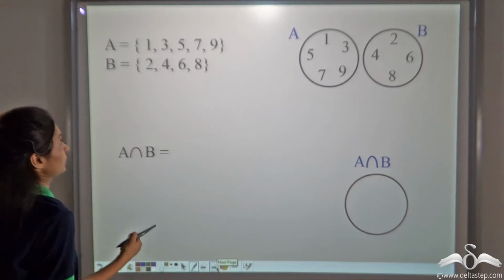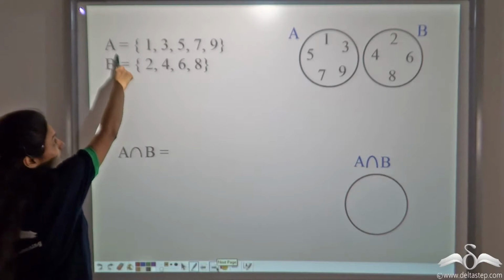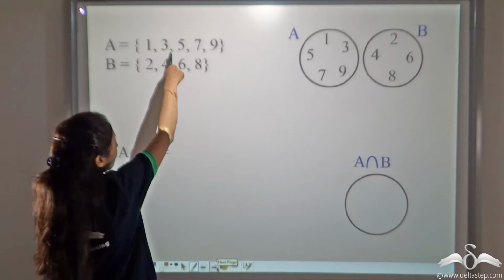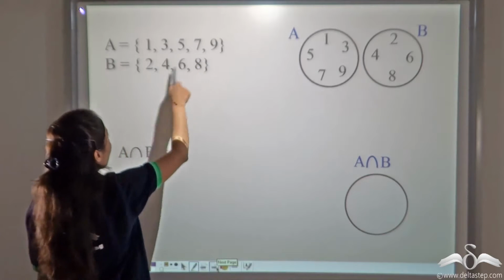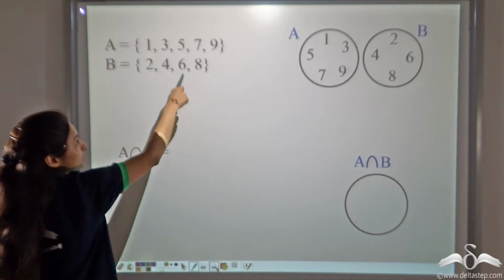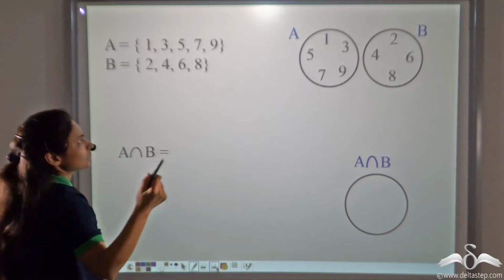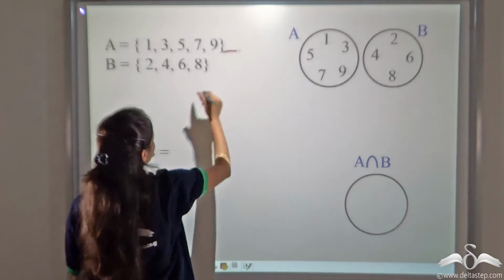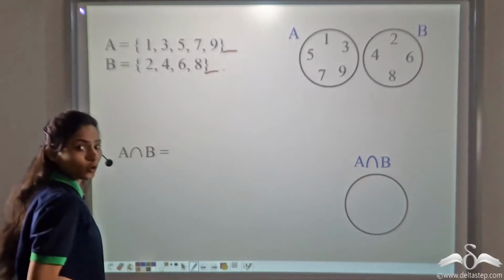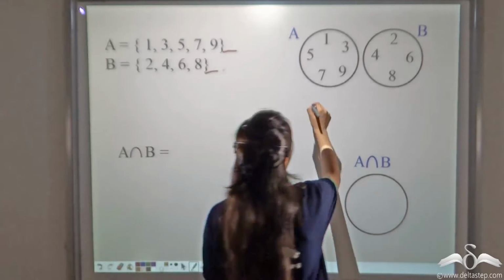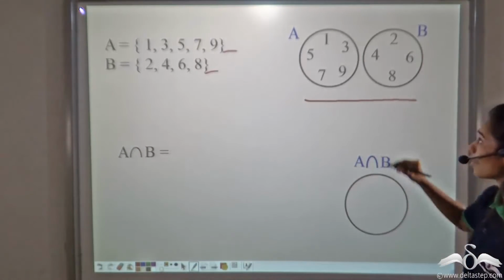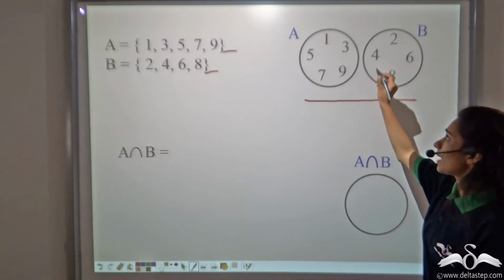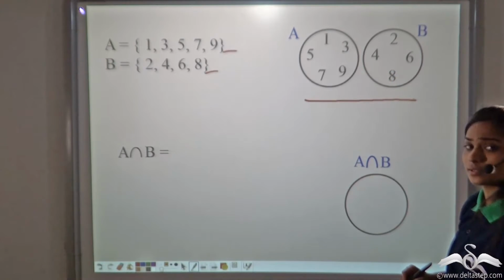Now take this example. Here A is a set with digits 1, 3, 5, 7, 9 and B is 2, 4, 6 and 8. You can clearly see that these are the odd numbers and these are the even numbers below 10. So the Venn diagram is denoted like this. Why is there no overlapping in these two circles?